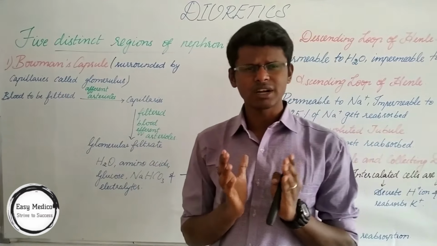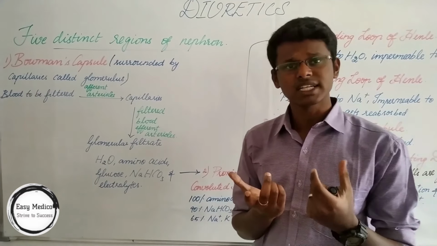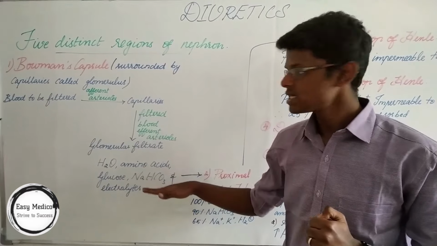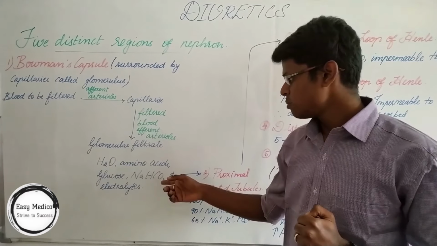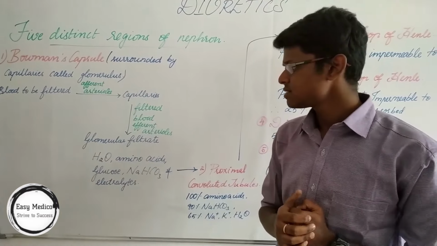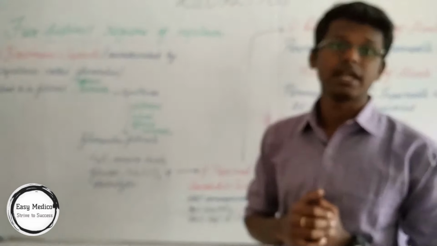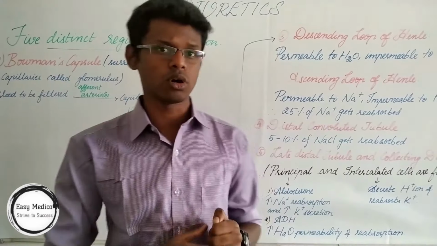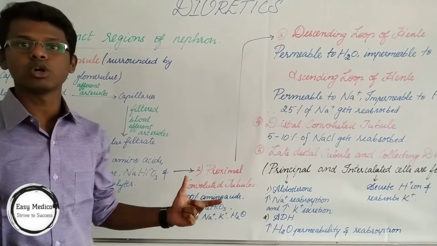What does glomerular filtrate consist of? It consists of water, amino acids, glucose, sodium bicarbonate, and electrolytes. This glomerular filtrate further moves to the second part of the nephron, which is the proximal convoluted tubule.